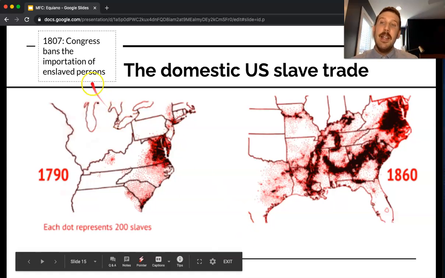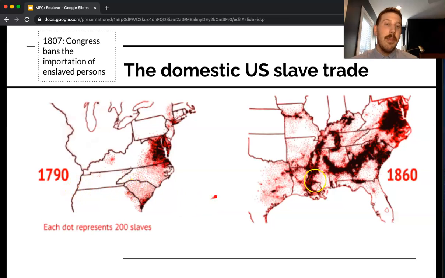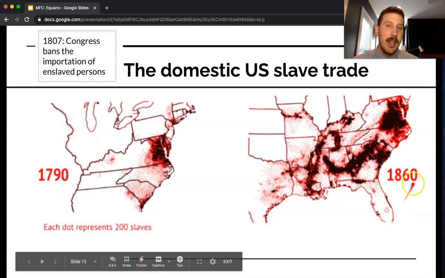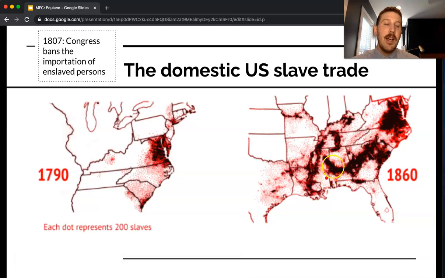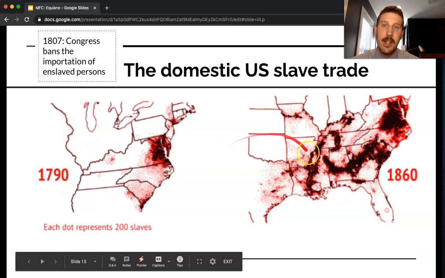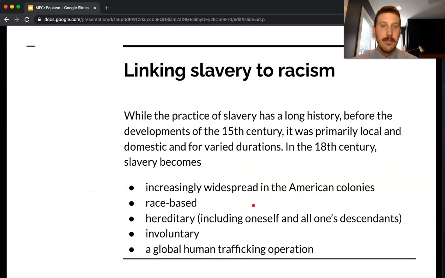So even though the transatlantic global slave trade was ended in 1807 in the United States, you still see this huge increase of enslaved persons in 1860 compared to 1790. So what was a transatlantic slave trade becomes a domestic slave trade that only continues within the United States itself.